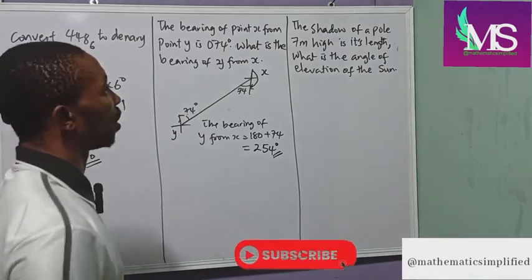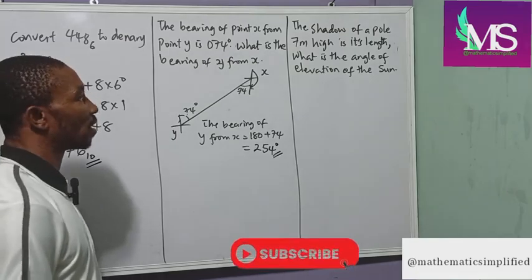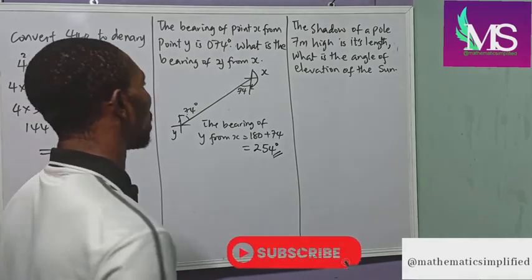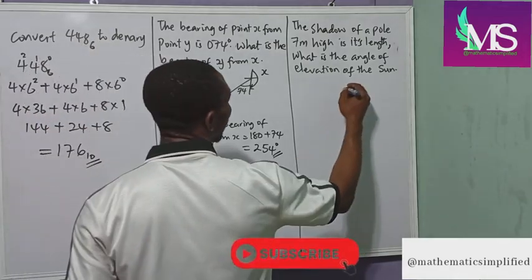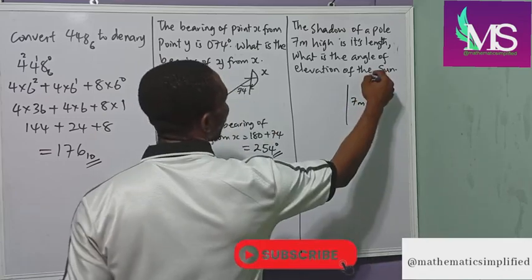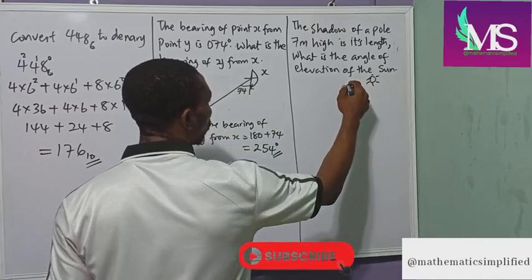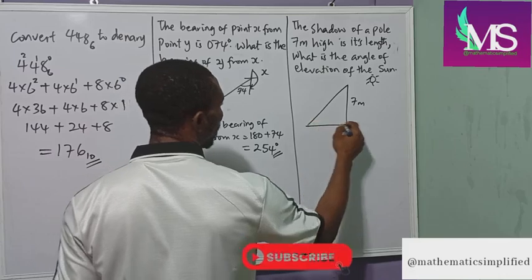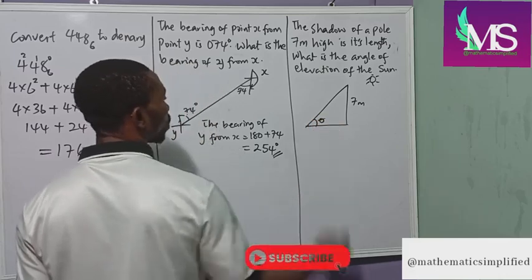Now, the next question says, the shadow of a pole 7 meters high is its length. What is the angle of elevation of the sun? If we have a pole 7 meters high, and this is our sun shining on it to cast a shadow this way, they say we should calculate the angle of elevation, theta.